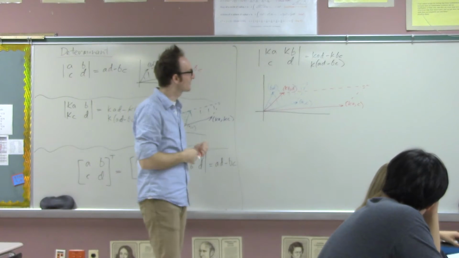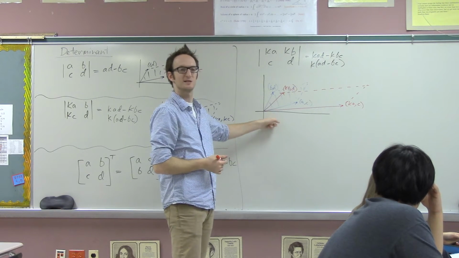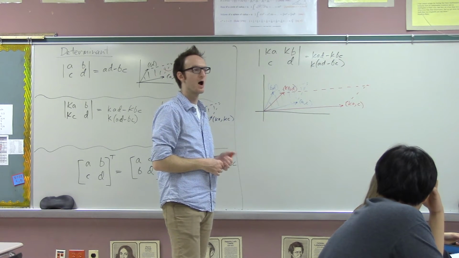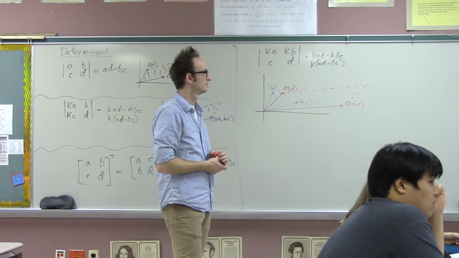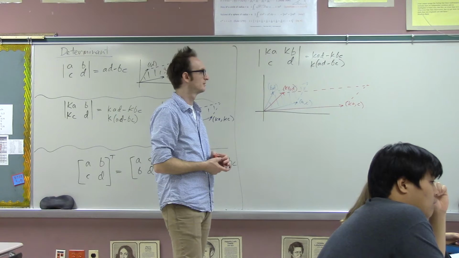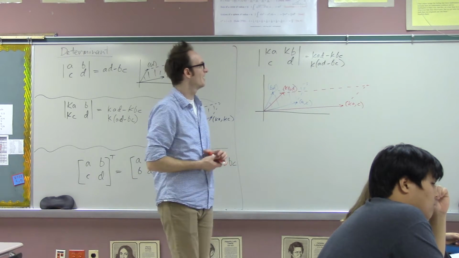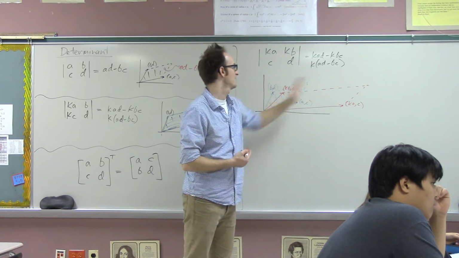We changed all the x's by factor k. So how would you describe geometrically what we did to this parallelogram? It's like you took the top corner point, dragged it over to a new point, and all the points followed. Yeah, okay. We drag everything this way.